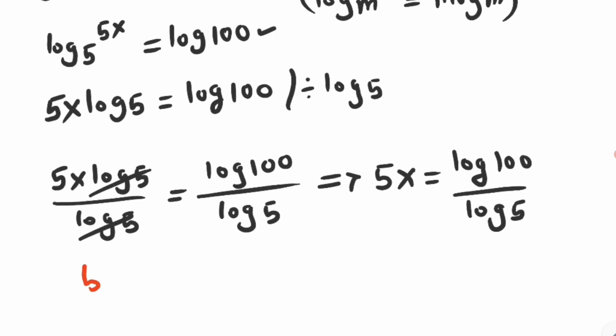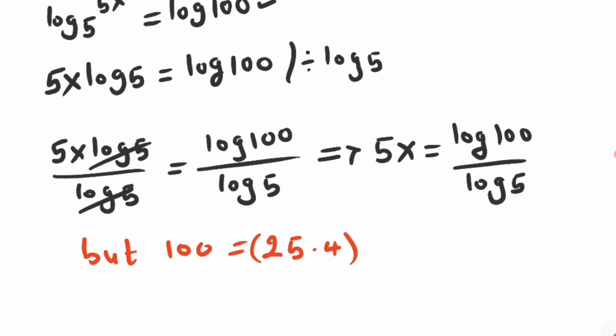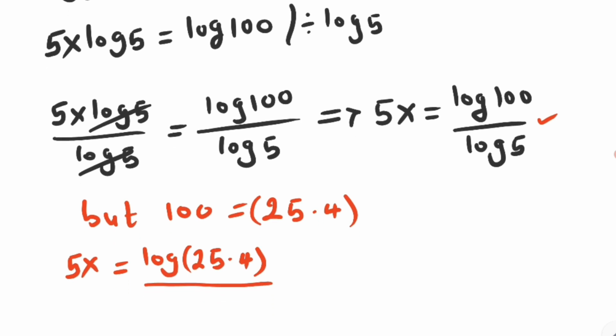But 100 is equal to 25 multiplied by 4. Then this equation can be written as 5x is equal to log of 25 multiplied by 4, divided by log 5.